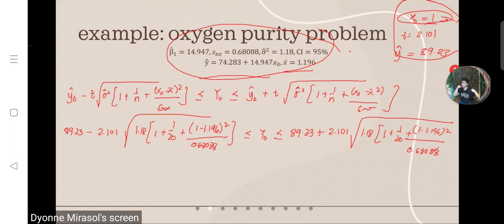So we have the confidence interval of 95%. So let's go to our table.